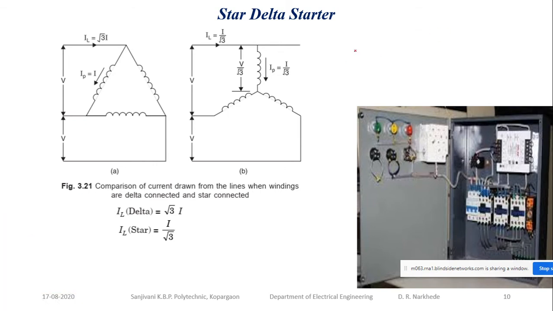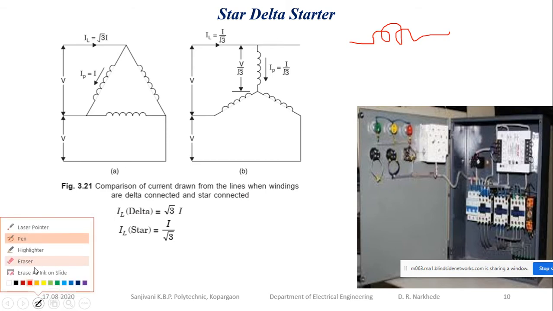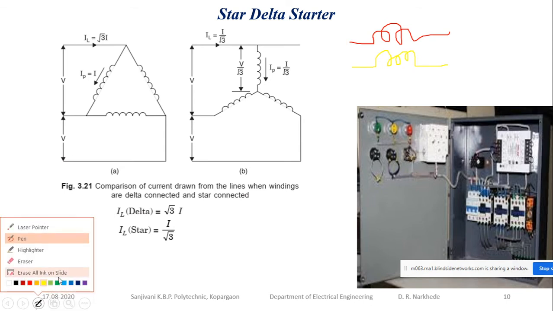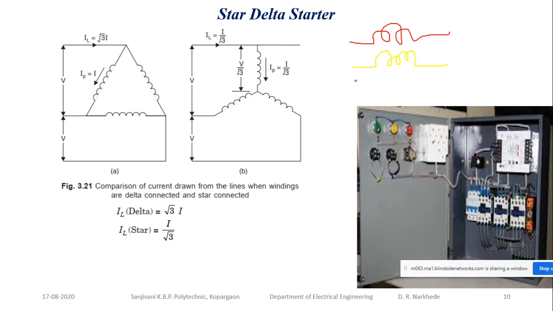Okay, so star connection. Suppose this is my R phase. I will just draw the three phases over here. Suppose this is my R phase winding. Just imagine that this is a winding. I am not able to accurately draw it. This is my Y phase over here, and the third phase is the blue phase over here.